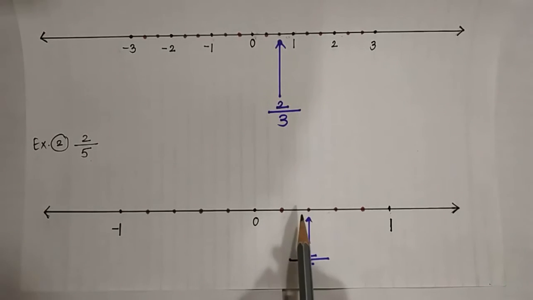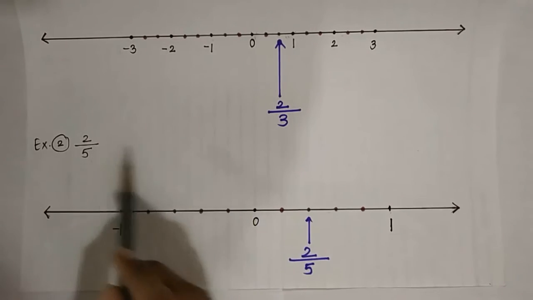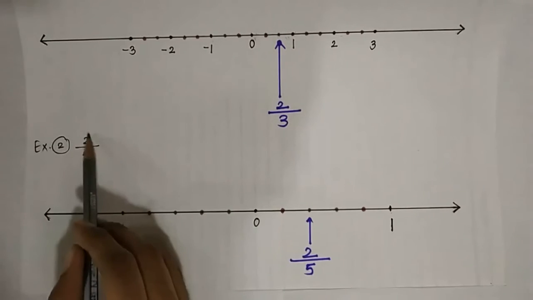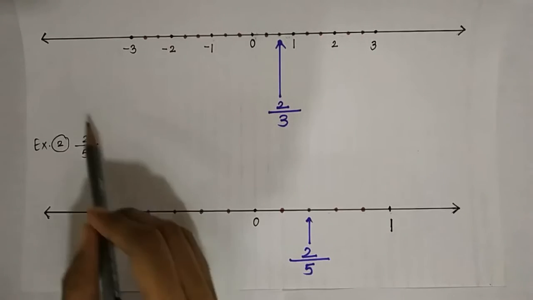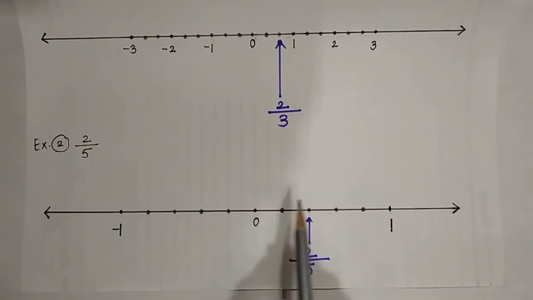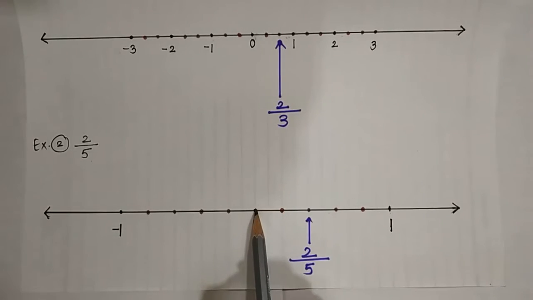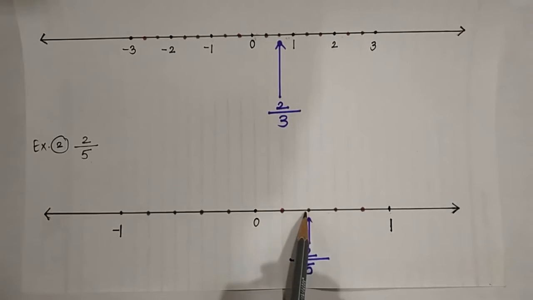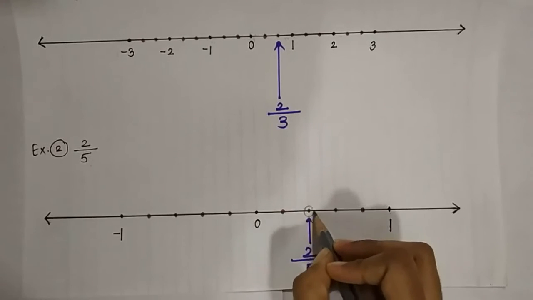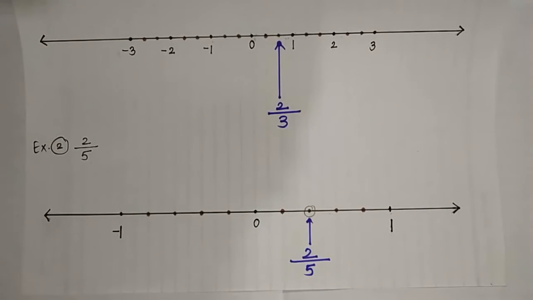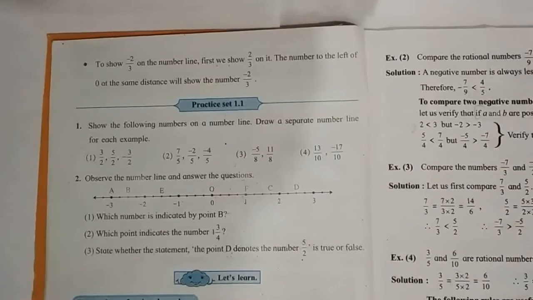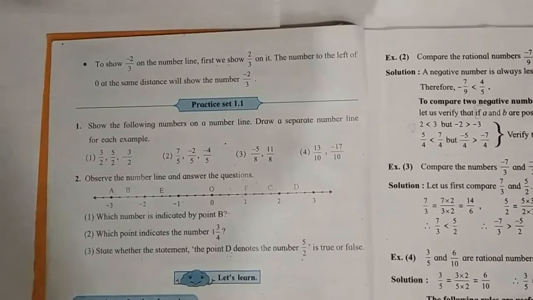Now 2, since it's a positive number, towards the right side, let's count after 0, 1 and 2. So this point over here is your 2 upon 5. So students, hope you understood the examples.